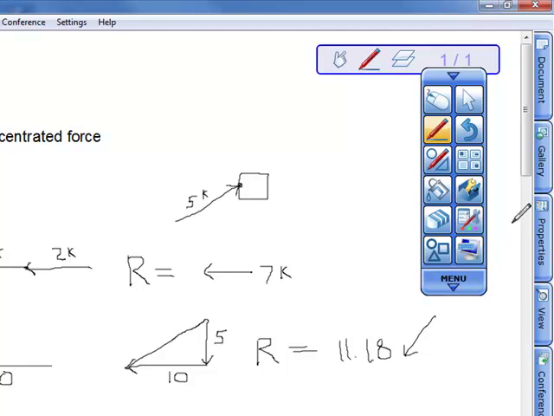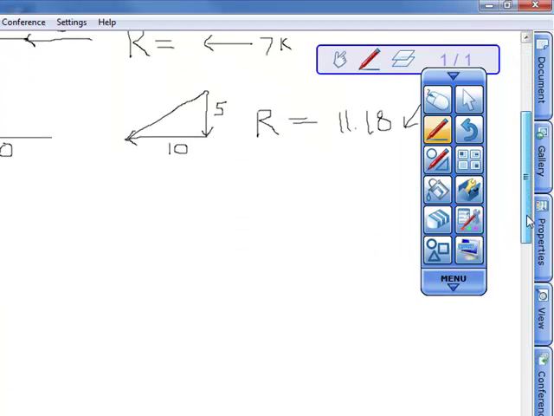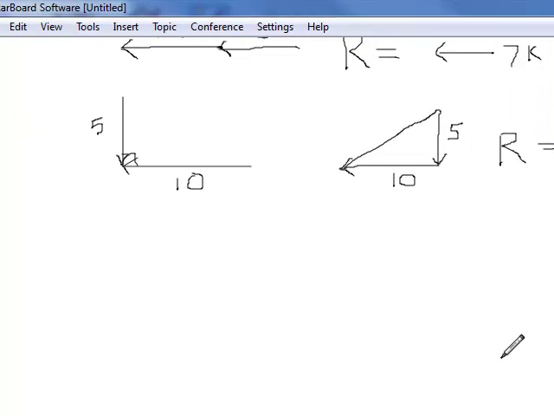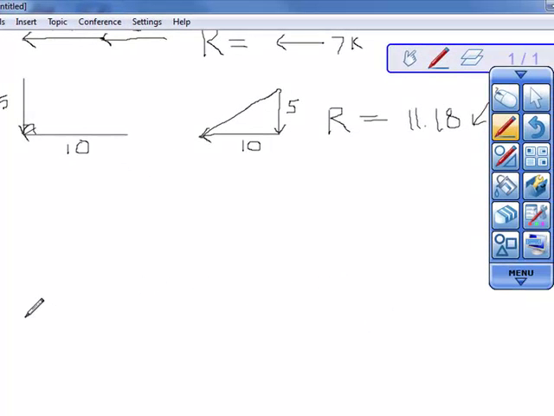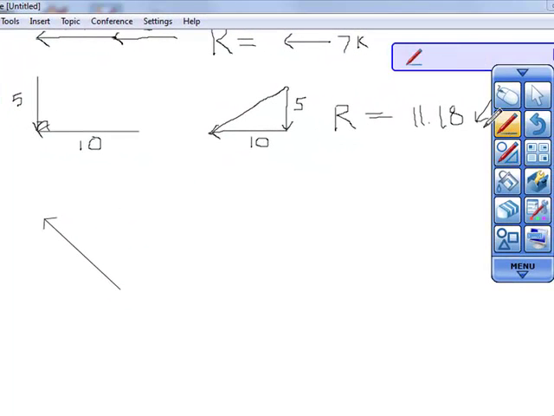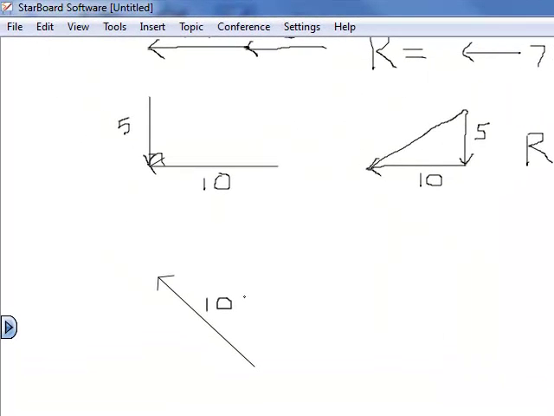Another thing that'll be on our little quiz in a little while is basically the same thing, but let me find that. Okay, say you have a force going that way, and that force is equal to 10 kips.